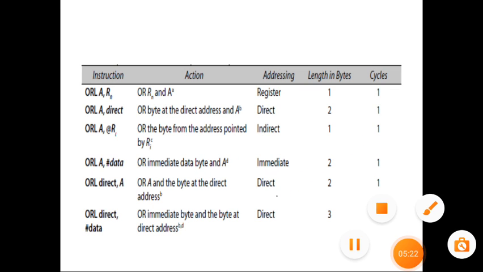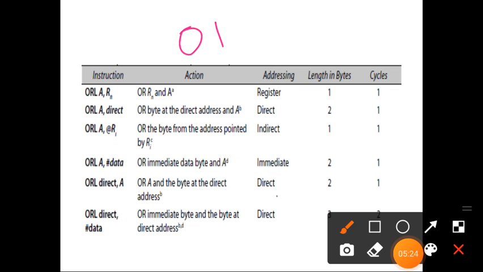Then next is the OR operation. A bitwise OR operation is performed on the data in both registers. Here the data in Rn and A will go through the OR operation.